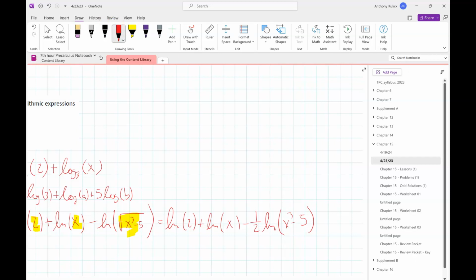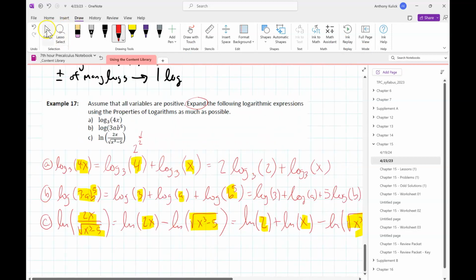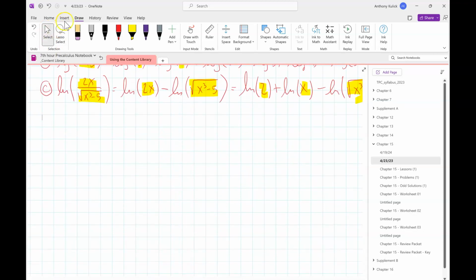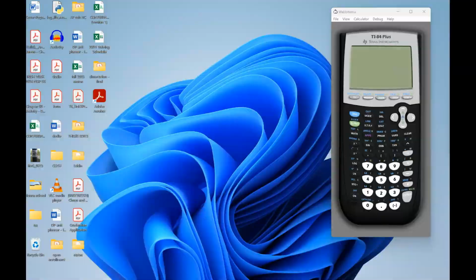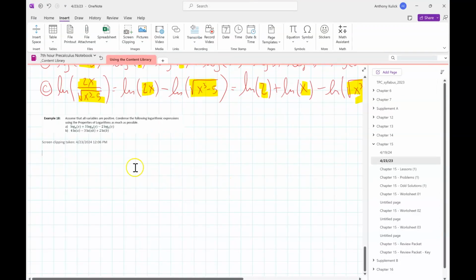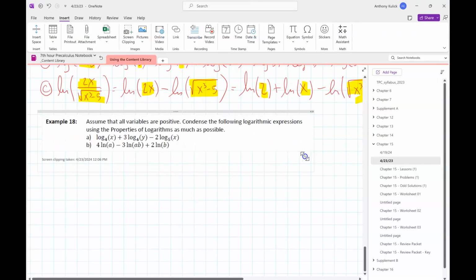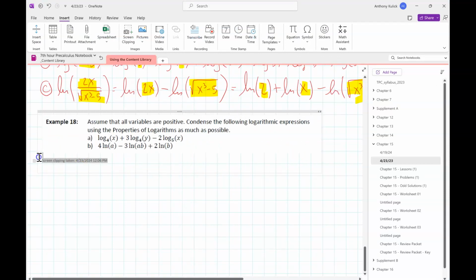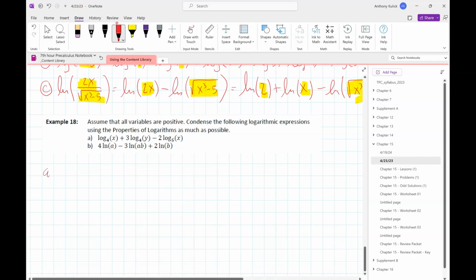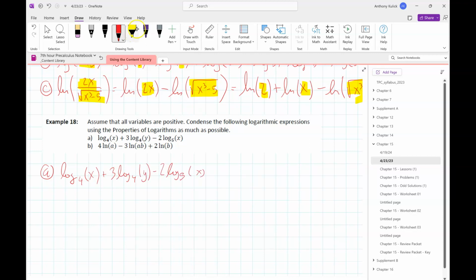Let's look at some condensing examples now. So when we're condensing, we're going the opposite order.